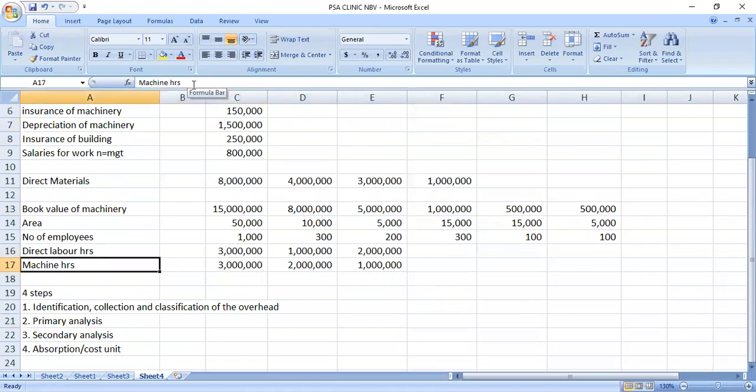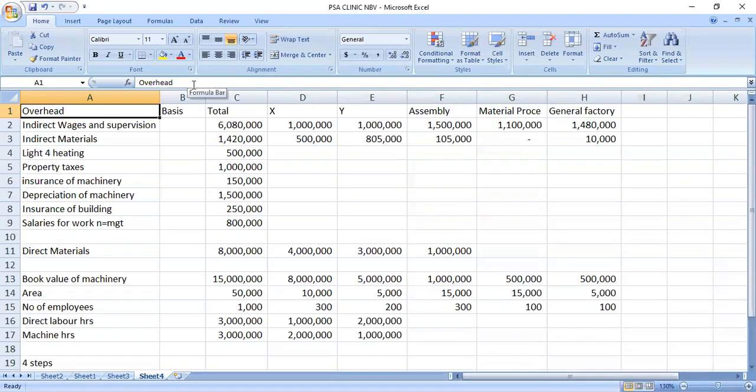And then after that, step 3 says that you reallocate, what you're calling the secondary method, secondary analysis. You reallocate overheads in support centers to production centers. Then the last step is where you get the totals divided by the number of units. I don't think in this case we needed step 4 since we don't have a number of units. So that was the highlight.